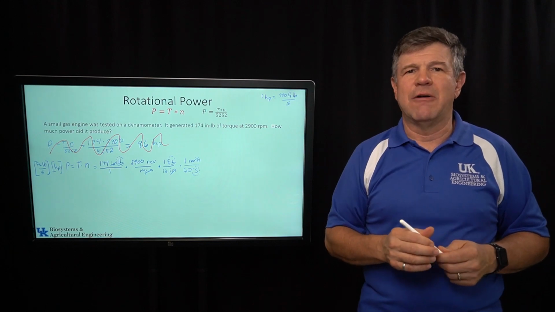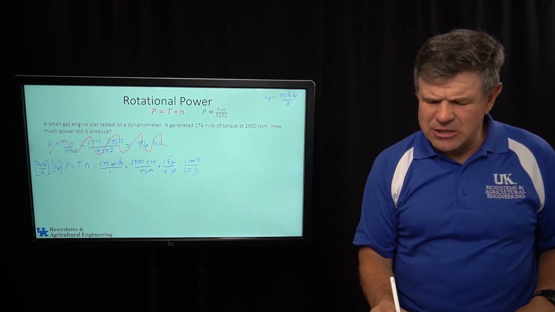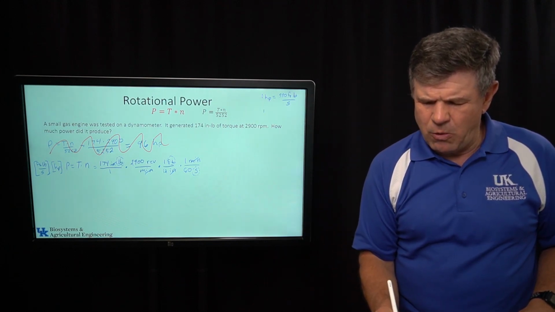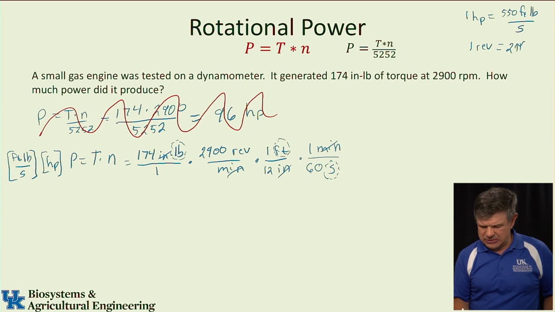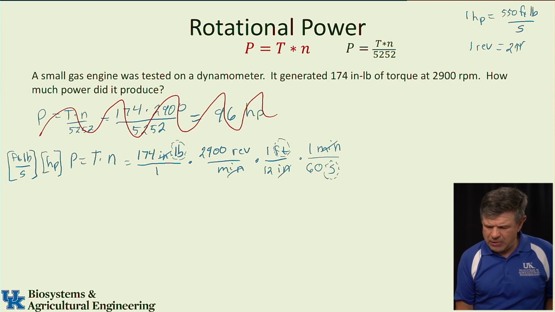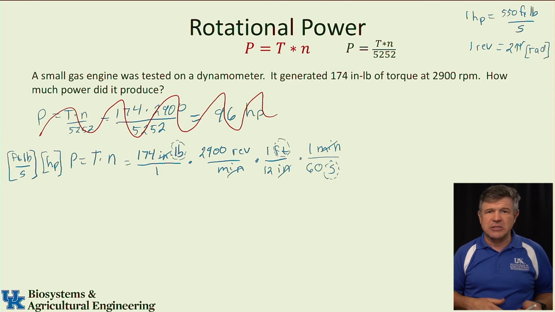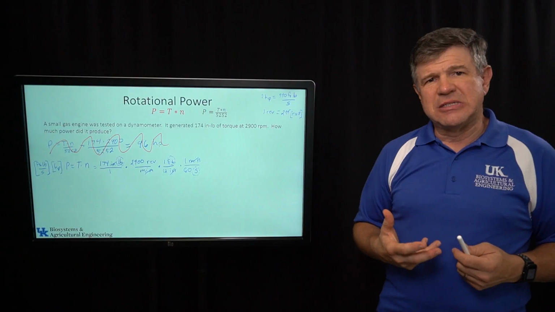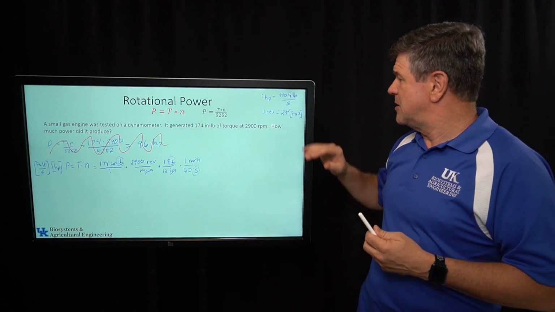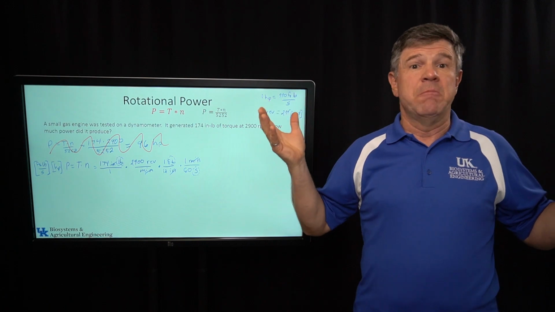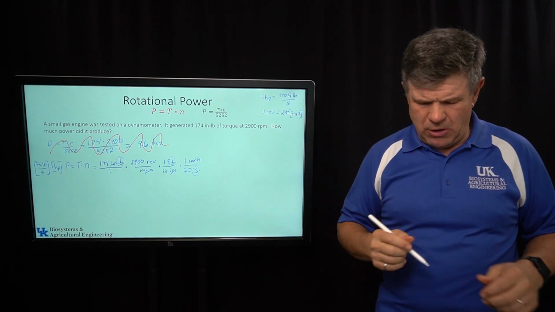But here's the magic. Just consider this magic: 1 revolution is the same as 2 pi radians, okay? I'll write radians here, but I'm going to put that in a bracket because we consider radians to be unitless. We can ignore it, so it doesn't matter.